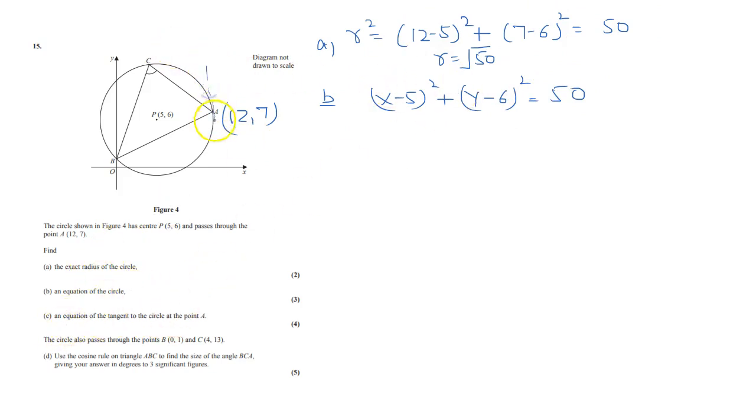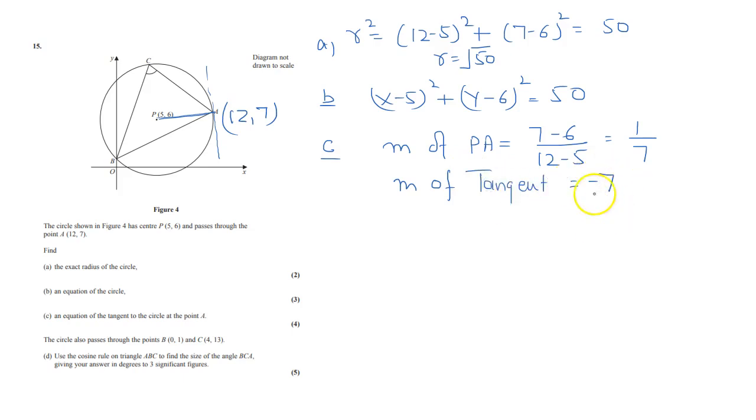Now tangent at this point. That is C. We know that the radius and the tangent are perpendicular. So slope of PA is y2 minus y1 over x2 minus x1. So that is 1 over 7. So m of tangent will be minus 7. So the equation of tangent is y minus y1 is equal to minus 7 times x minus x1.